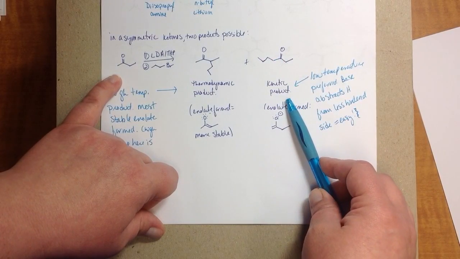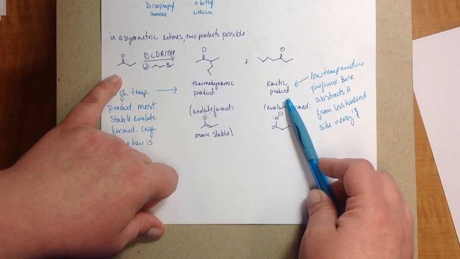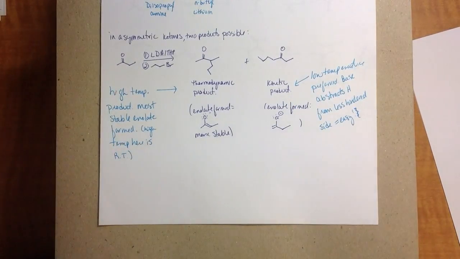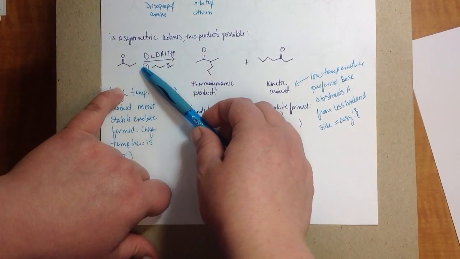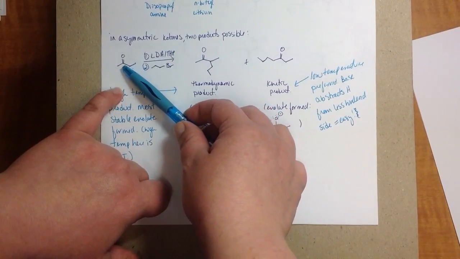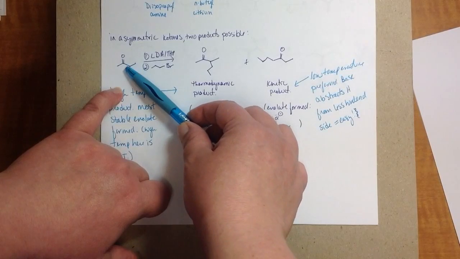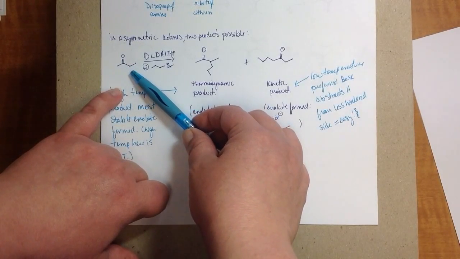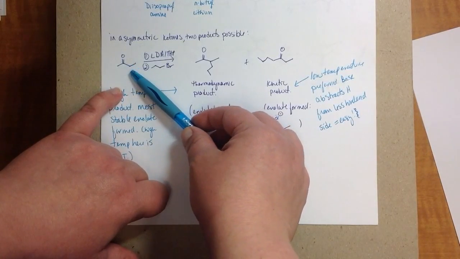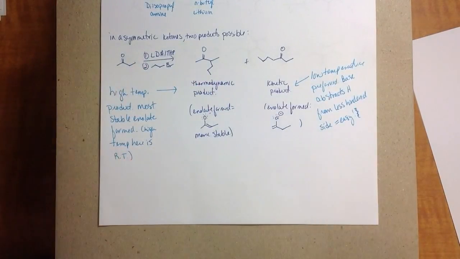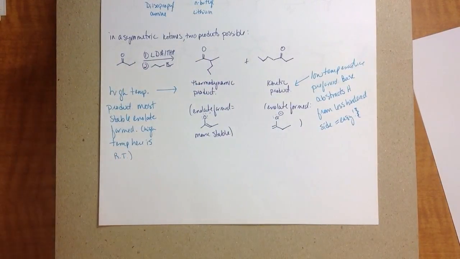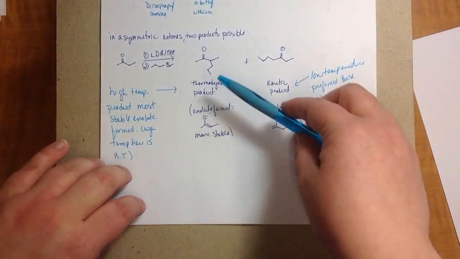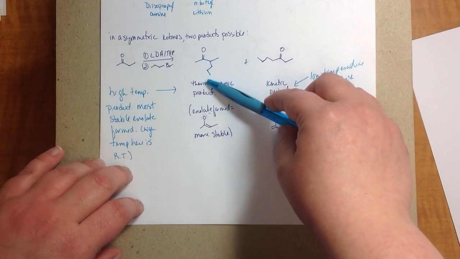That's the kinetic product. At higher temperatures, the most stable product will be formed, as we've seen earlier in the semester, right? So if that happens, then this would be the preferred hydrogen to remove, even though it's a little bit more hindered. And that's partially because the enolate itself is more stable, because you have then a more substituted double bond, etc. So this would be the thermodynamic product.